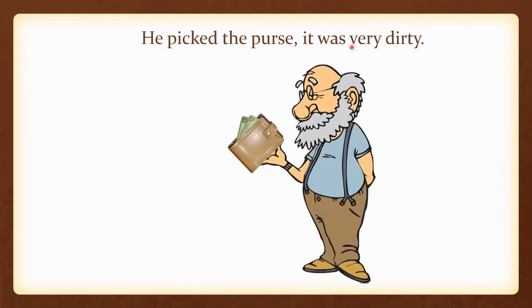It was very dirty. Students, why was the purse dirty? Yes, because cows ran over it. Okay, so now grandfather picked up the purse and it was very dirty, as you can see in the picture.